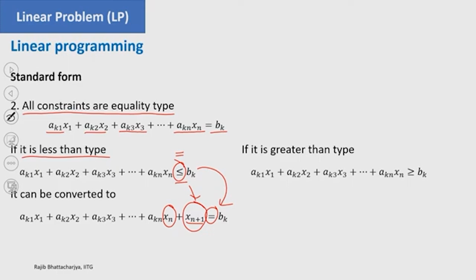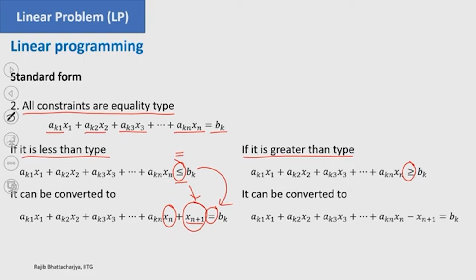Similarly, if you have a greater than or equal type constraint, this is the sign. Now, it is not a less than or equal type, but a greater than or equal type constraint. So, I can subtract another variable, that is x n+1, in order to convert this particular constraint to an equality type constraint. So, if it is less than or equal type, then I will add a variable, and if it is greater than or equal type, then I will subtract a variable to make it an equality type constraint.